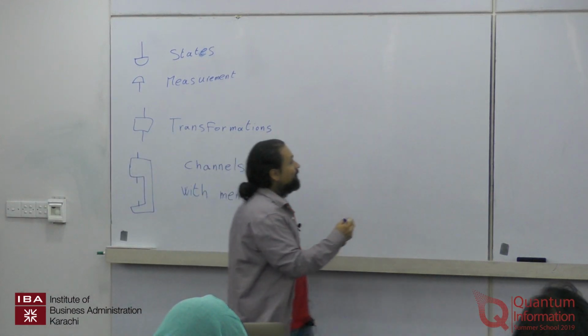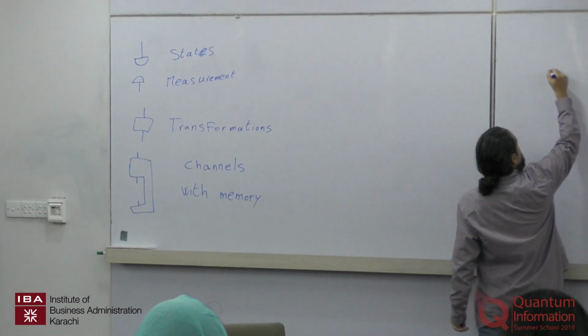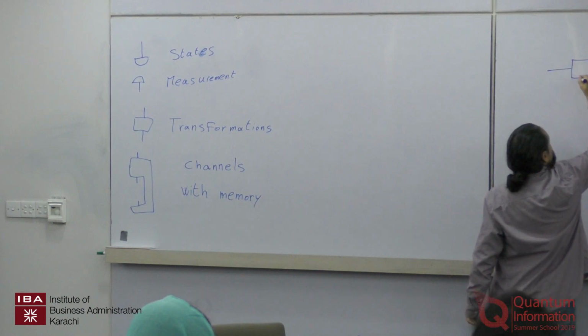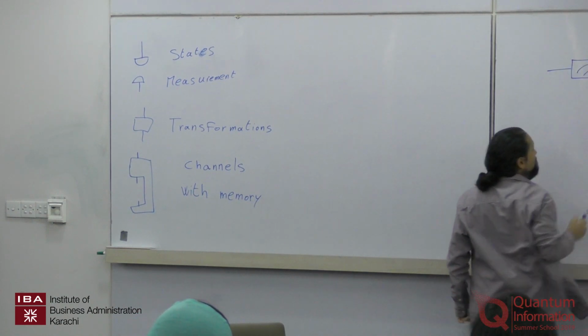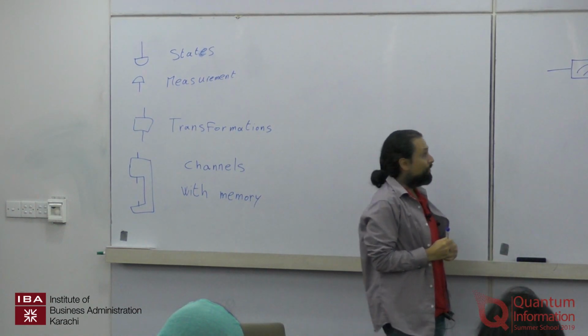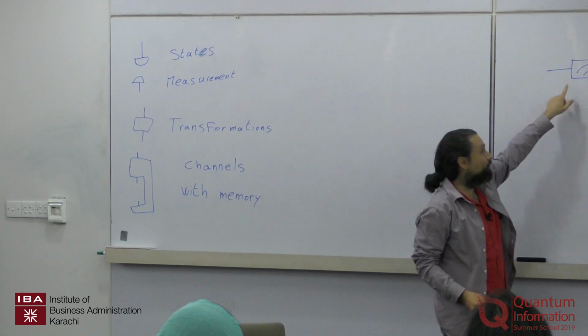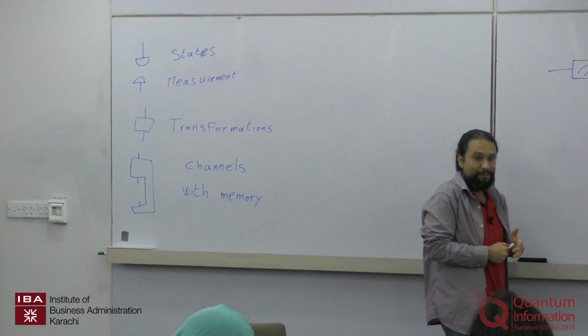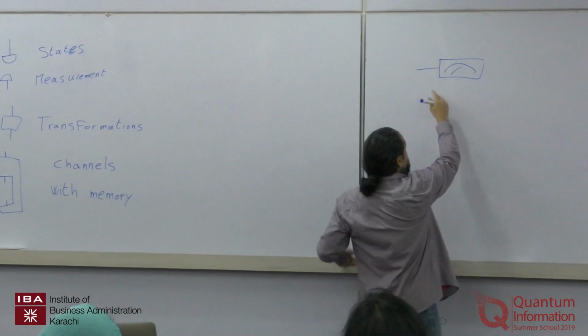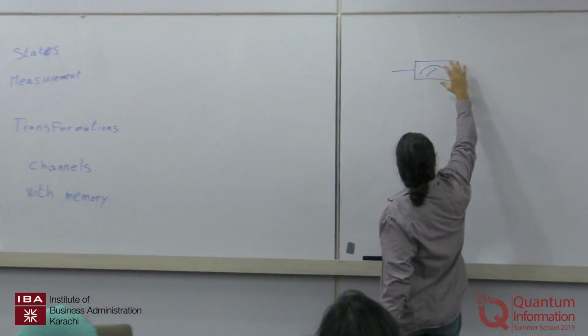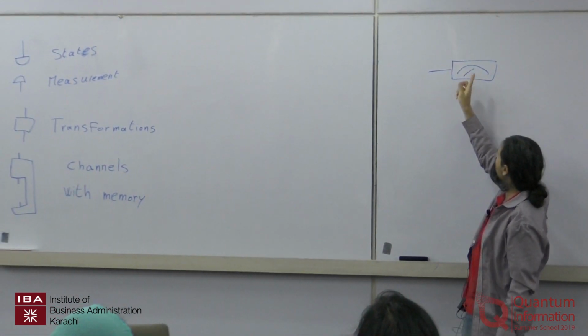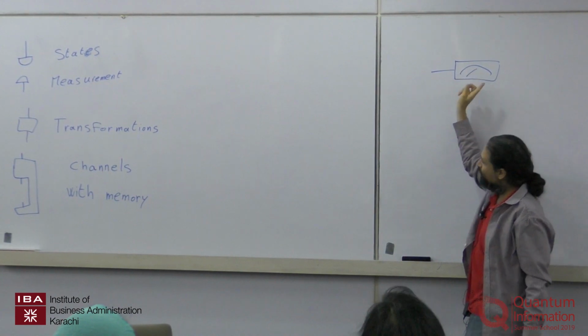Sometimes you might have seen this symbol in a circuit to represent a measurement. In many circuit pictures you see this thing. It's just a drawing, imagining there is a measuring apparatus: the system arrives here, you measure it, and then there is a pointer that tells you the measurement result.